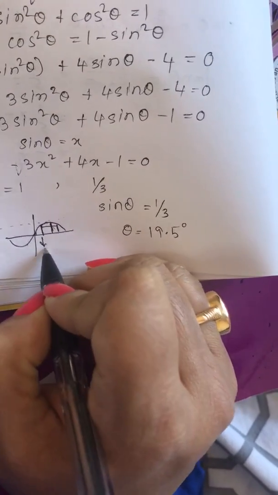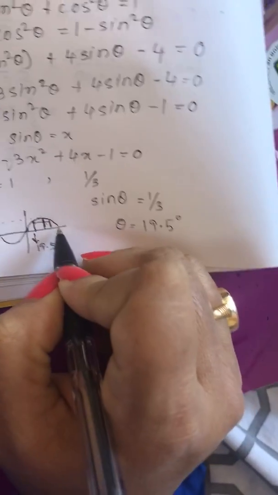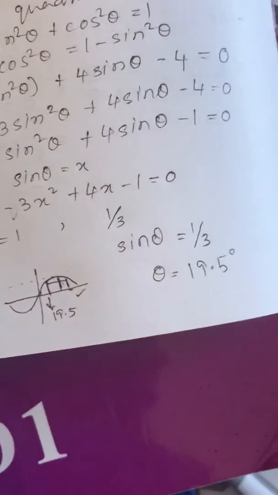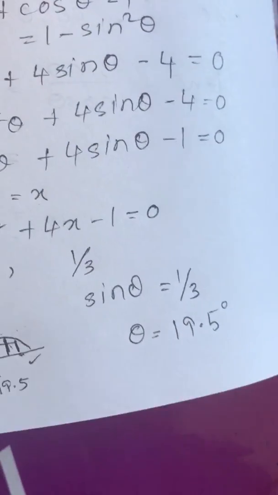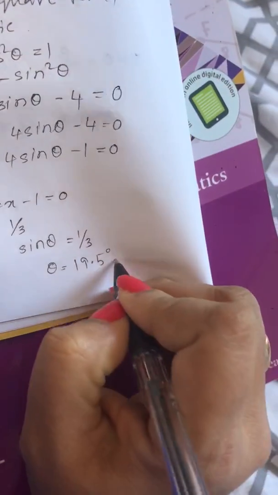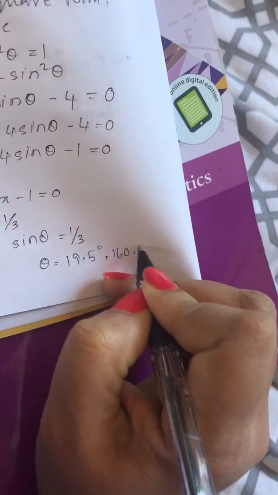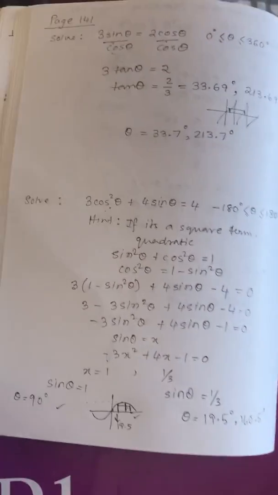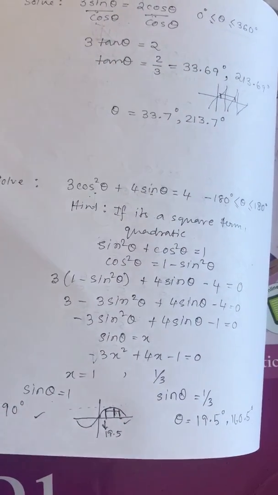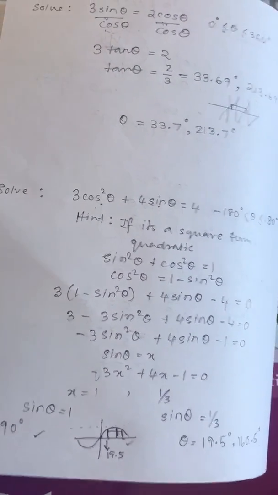So if this is 19.5, this is 180 minus 19.5. So 180 minus 19.5 is 160.5. And these are the 3 solutions to this question on page 141 of your notes.